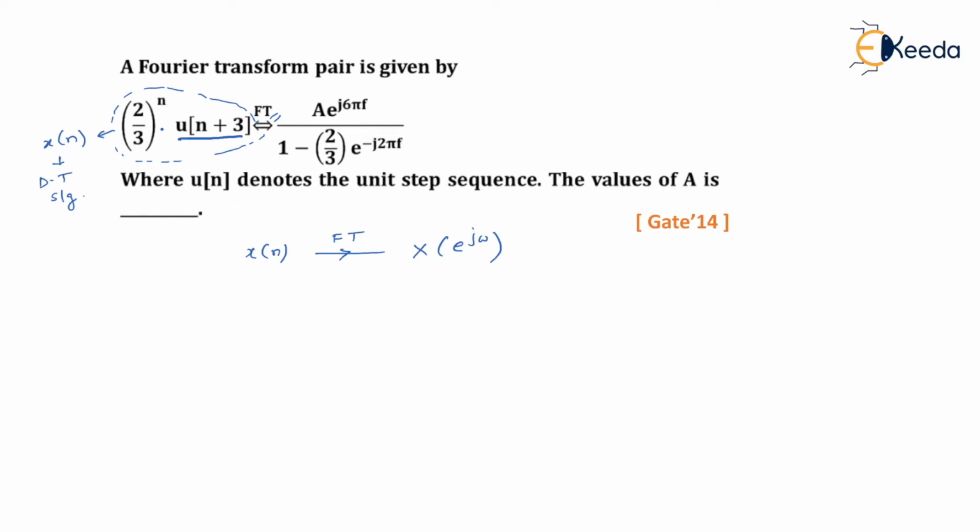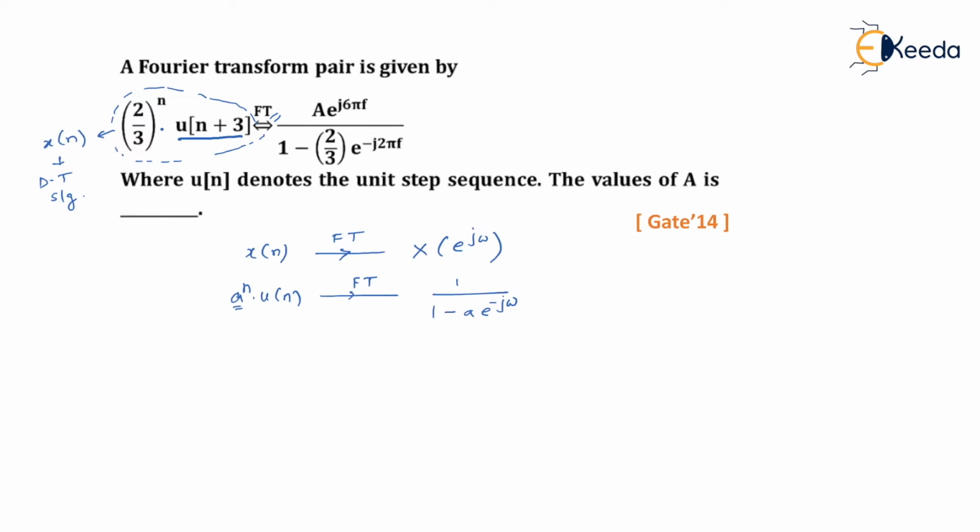Am I right? And in fact, a similar signal we have already seen, and the signal was like this: a to the power n u of n has a Fourier transform 1 upon 1 minus a e to the power minus j omega. So this is what we have already seen in the previous video.